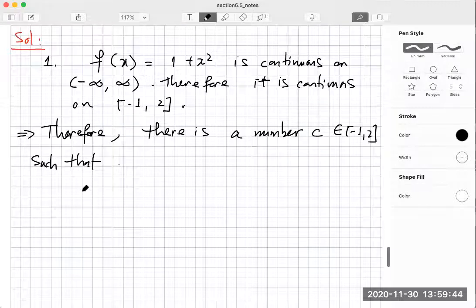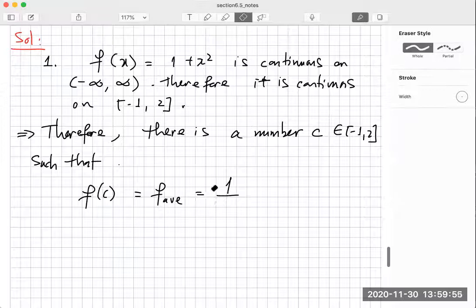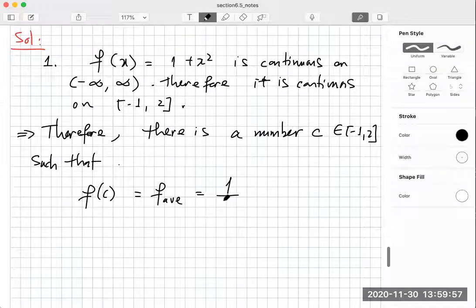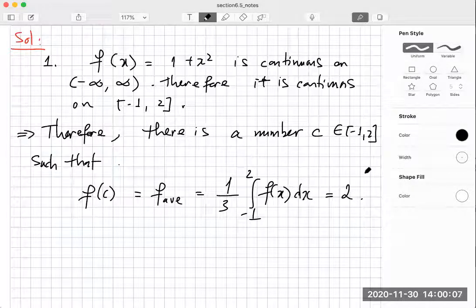such that f of c is f average, or 1 over 2 minus (-1), which is 1/3, integral from -1 to 2 of f(x) dx, which is 2 from the previous example, right?